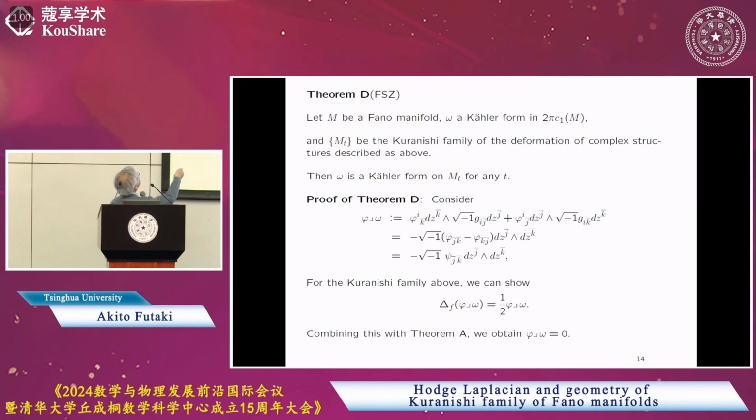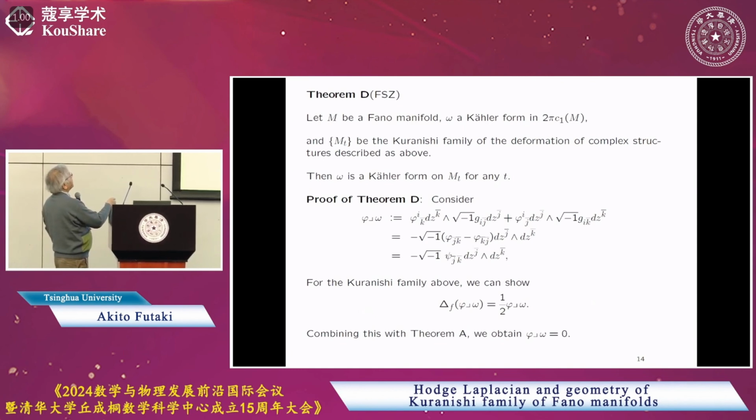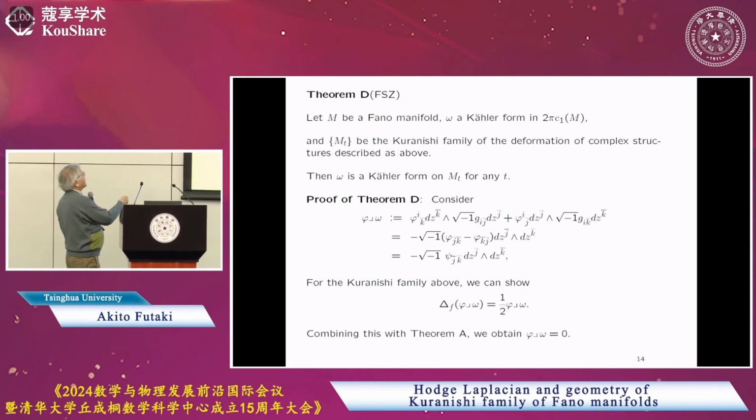This is the result of Theorem D. The starting Kähler form still remains to be the Kähler form for deformations. Why? As I said, the proof can be found in the previous work by Schumacher for the negative Einstein case, but it still applies to this positive case by using the eigenvalue estimates, because we contract this tangent part to this 2-form, then we get a 1-form of this form.